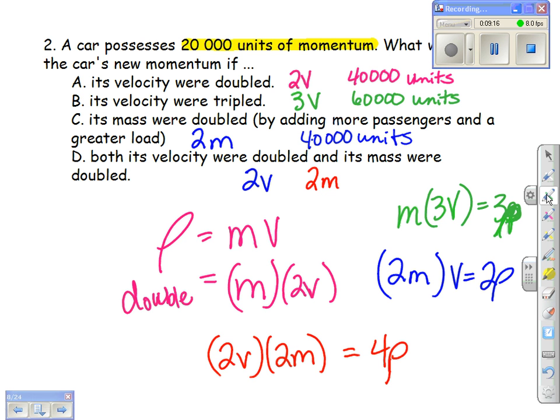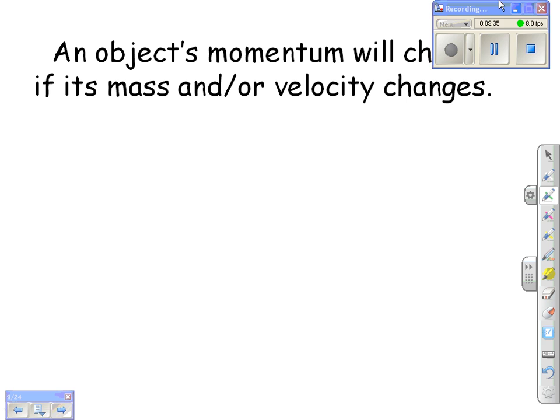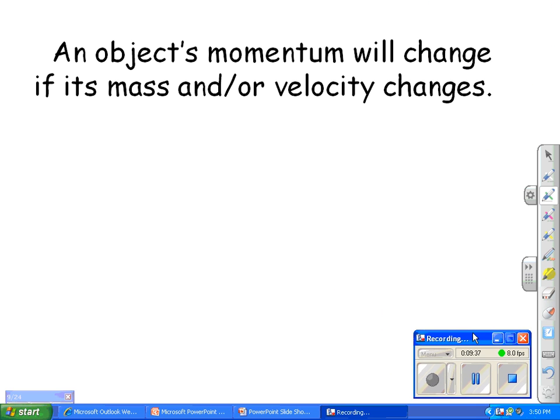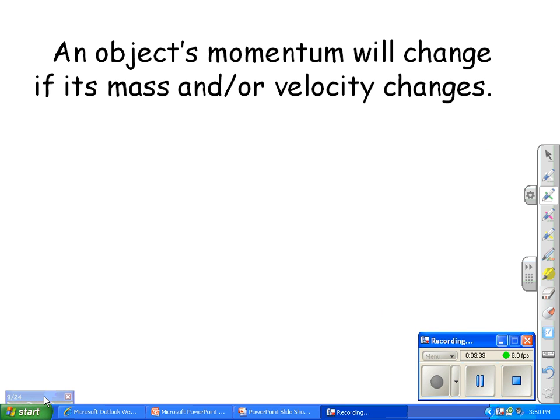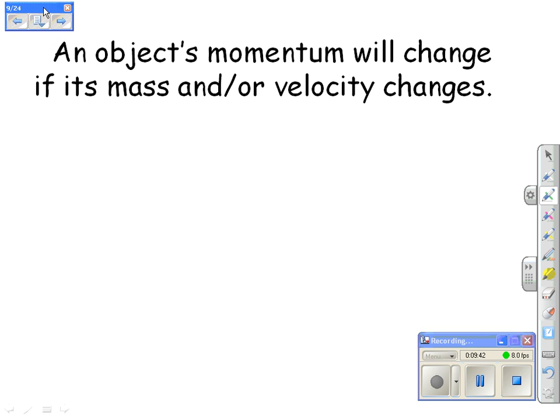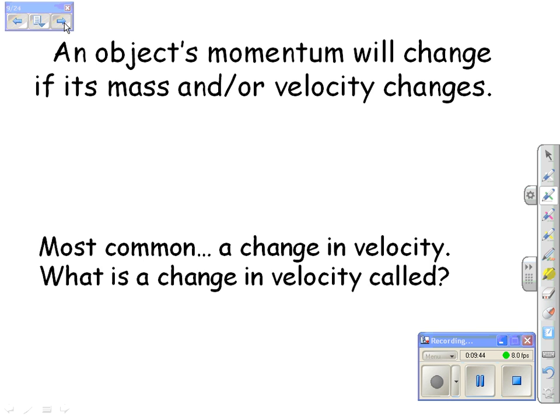And on D, we would have had 4 times as much, so it would have been 80,000 units, if I wanted actual answers each time. So really all I did was manipulate the formula and then go back and solve for a new momentum. Okay. So an object's momentum will change if its mass or its velocity changes. If either one of those changes, then momentum is going to change.